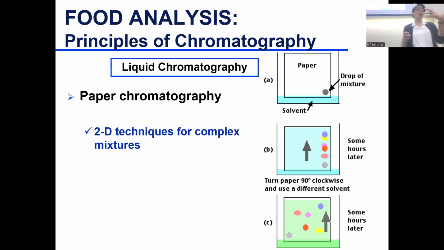Your components will have different solubility in that solvent, and then you can see them separate better. So in the first dimension they didn't separate as well, and then in the second dimension with a different type of solvent, you get them to separate better. So you can do that.